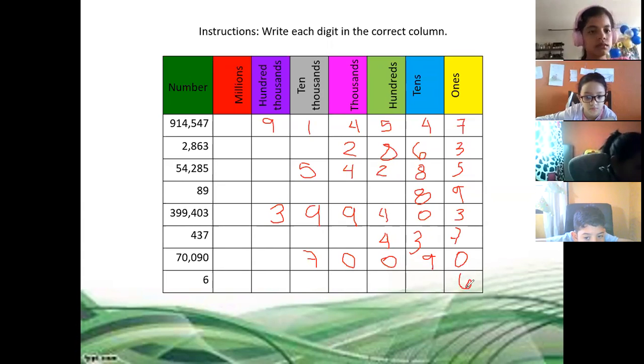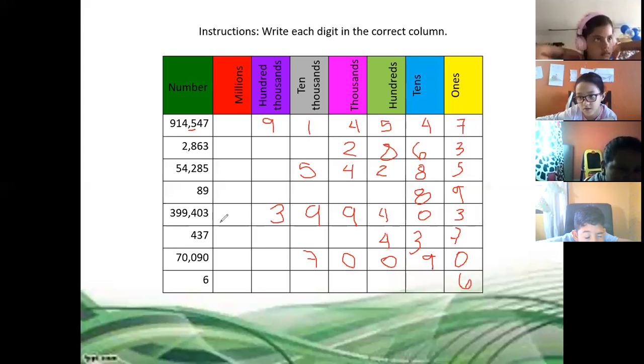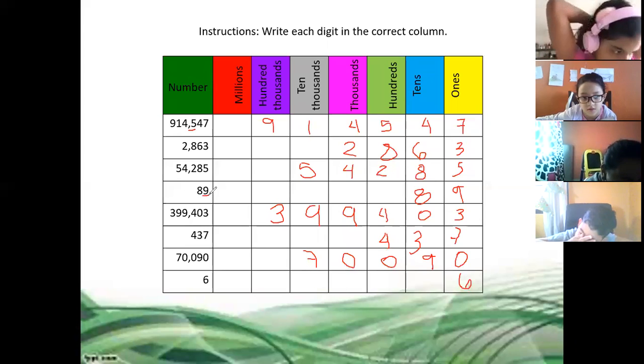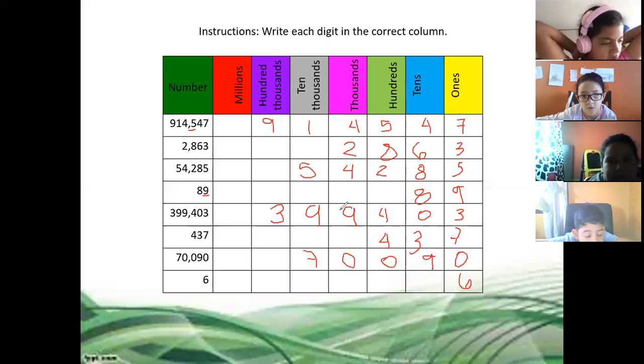So what is the value of this number? What is the value of this 5 according to its position? Hundreds. It's 500. Exactly. What about this 9? Ones. And these 3? 100,000.